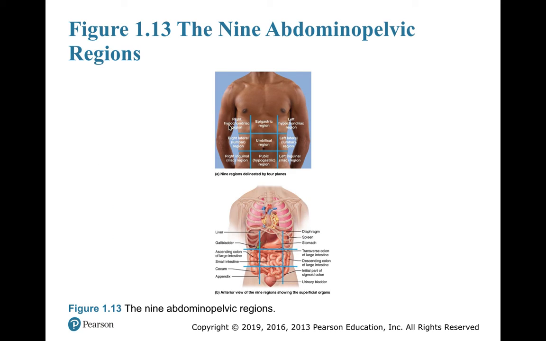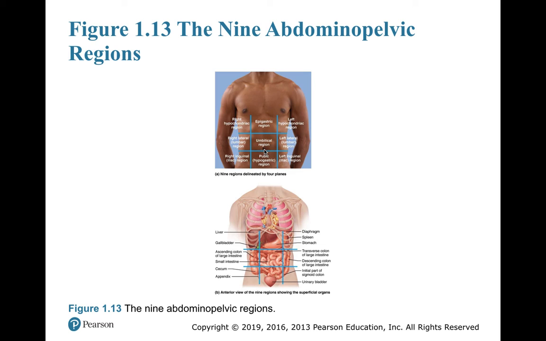So if we look at those, right hypochondriac. Hypo means below. Chondriac refers to the ridge, the rib. So this is just below the ribs. Epigastric is around the stomach, right here. Left hypochondriac is below the ribs on the left side. Right lateral or lumbar, because you're in the lumbar region of the back.